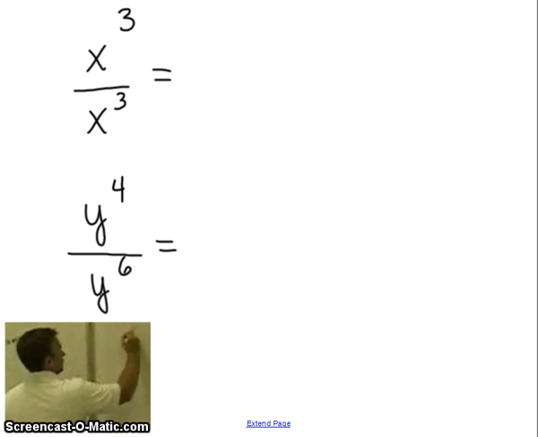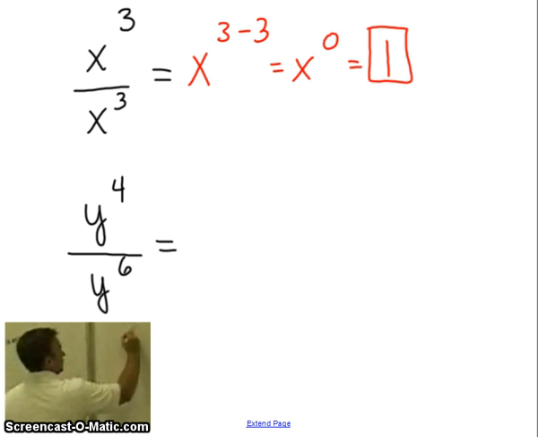All right, let's look at a couple more. X to the 3rd power divided by x to the 3rd power. So it's x to the 3 minus 3, which is x to the 0, and then we're back to the 0 power property, which is 1. Anything raised to the 0 power is 1.